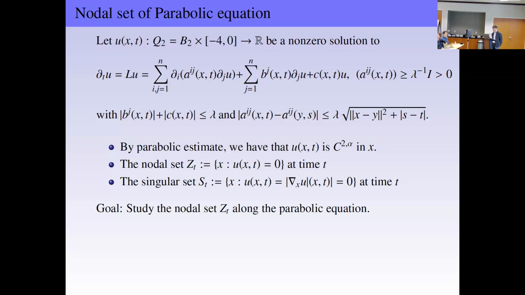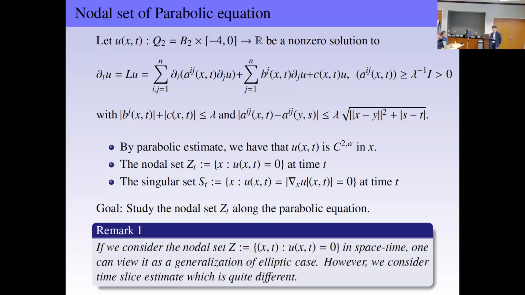Before going on, let me give some remarks. We know that the elliptic equation and the parabolic equation have some related, similar, and also comparable results. But in our case, this is quite different.